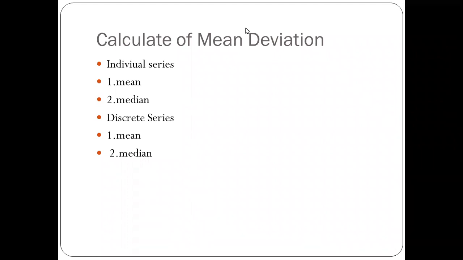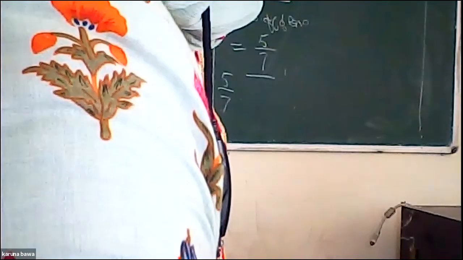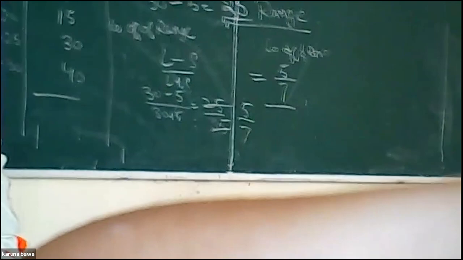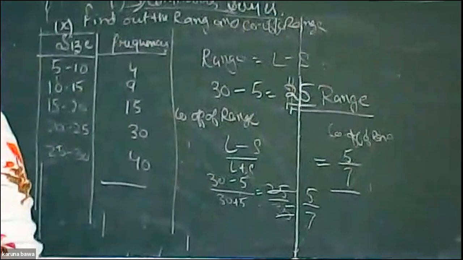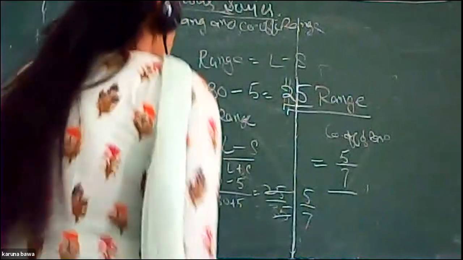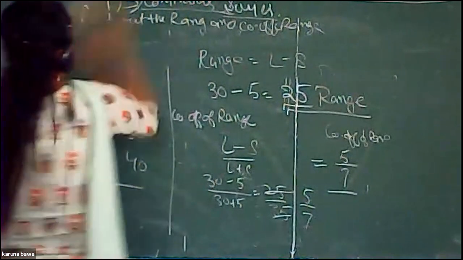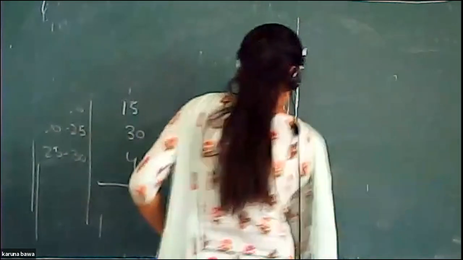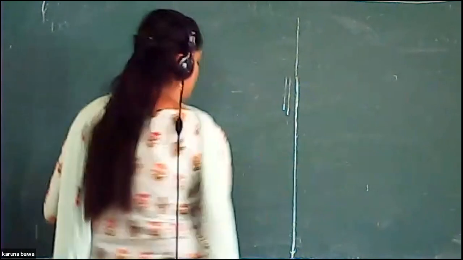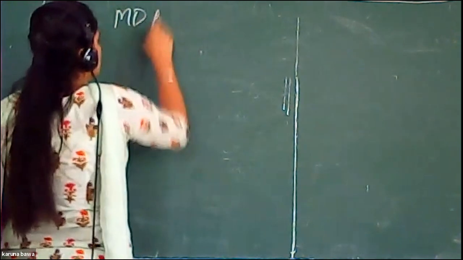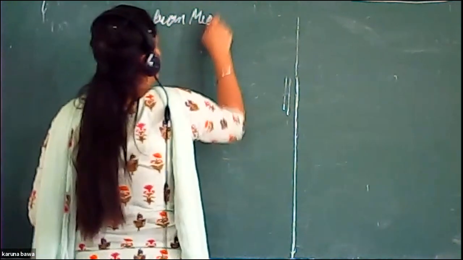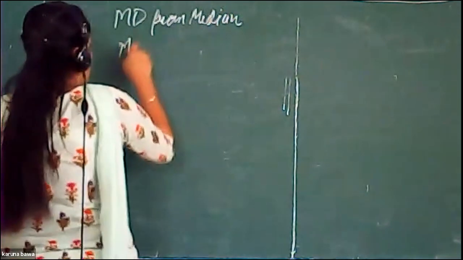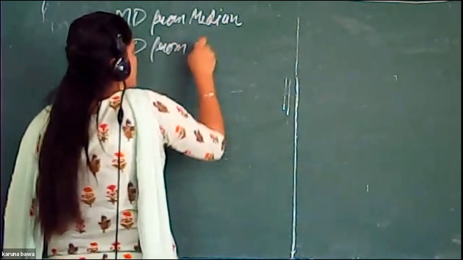First of all, the formula: mean deviation from median and mean deviation from mean.